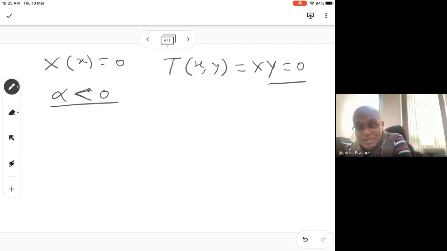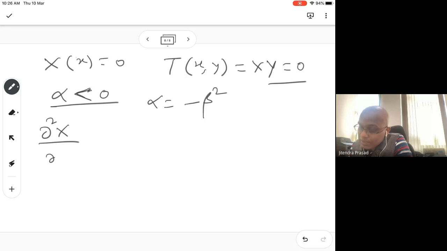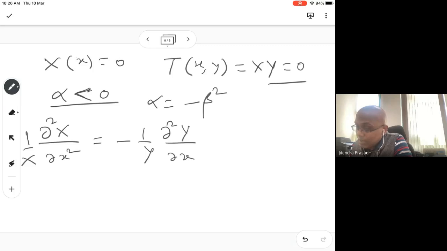If we assume alpha less than 0, let's say alpha equal to minus beta square. Now our equation becomes 1 over x del square x over del x square is equal to minus 1 over y del square y over del y square is equal to minus beta square.